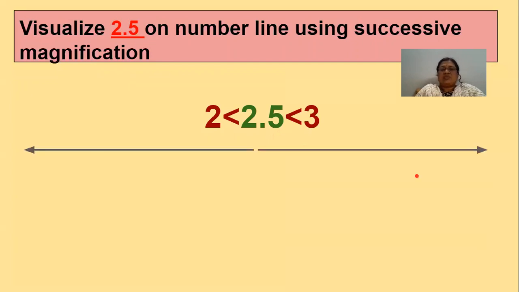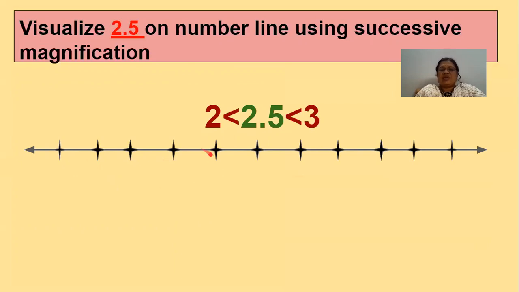So when we take a line like this and we plot the points, when we mark all these points on this line, these are all equidistant points.